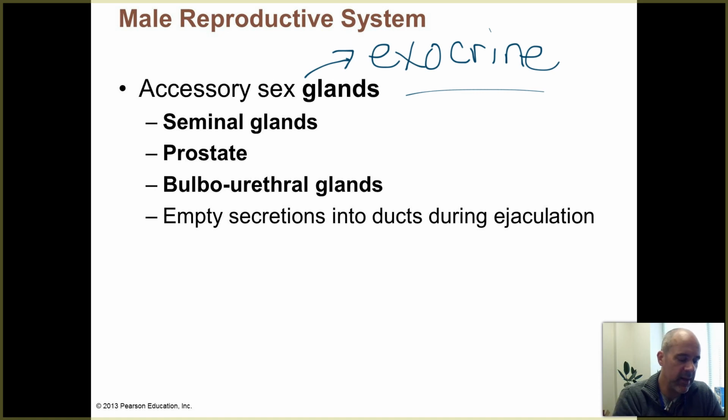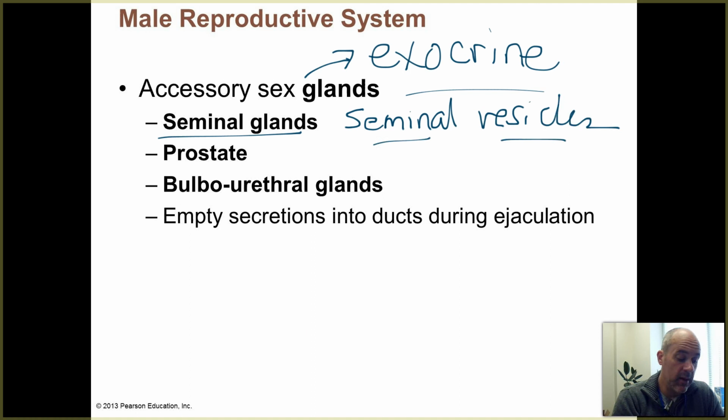So these include the seminal glands, or the seminal vesicles. It's another name for those. The prostate, you just have one of those. And then the bulbourethral glands, which produce a lubricating fluid that lubricates and helps control the pH along the inside lining of the urethra.